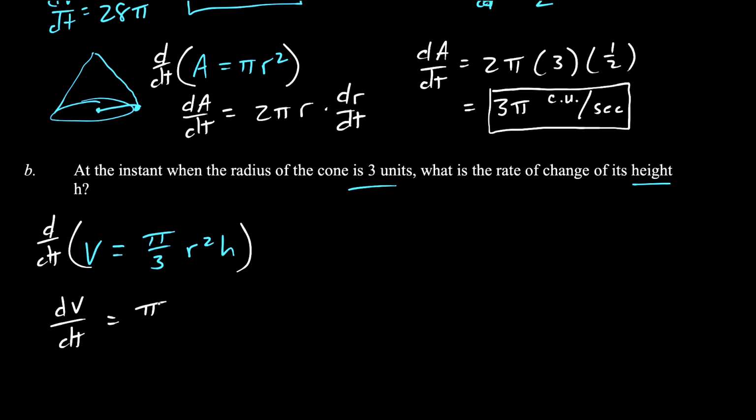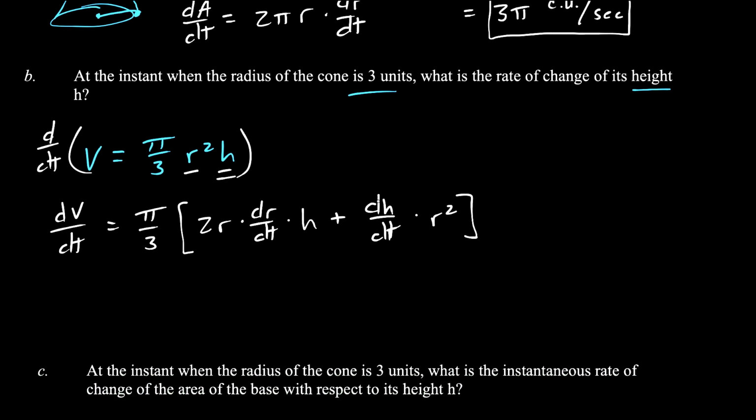Now pi over 3 is a constant, so I like to leave that on the outside and just focus on r squared times h, which notice is the product rule. So we take the derivative of the first, 2r, but again, it's going to be times dr/dt, because we're taking the derivative with respect to t, times h, plus the derivative of h, which is simply dh/dt, times r squared.